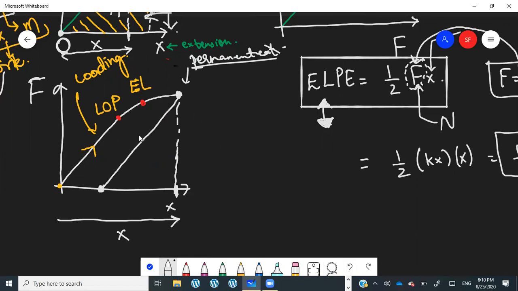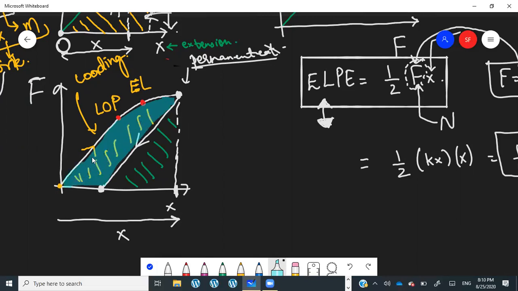Let's assume it's here. In doing so, we've got the area sectioned into two parts, the green part and the yellow part. This yellow part is important to us. Examiner will ask you, what does the area in between these two lines represent?